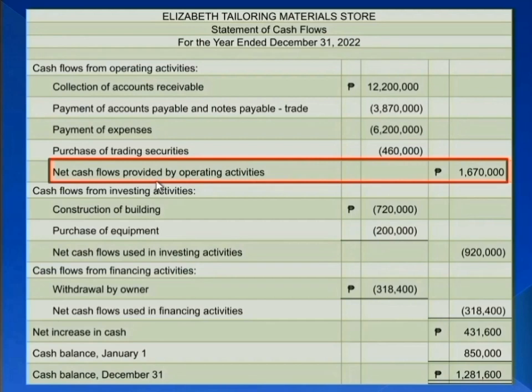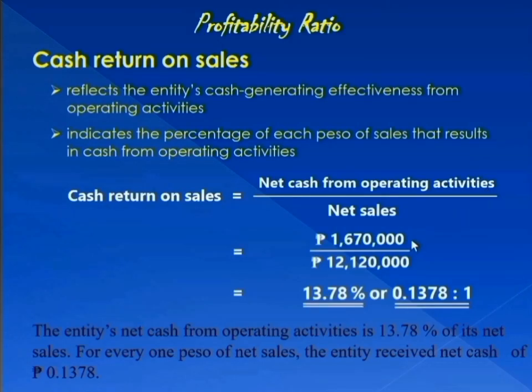If this were net cash used in operating activities instead of provided by operating activities, then this amount here must be within open and closed parentheses, which signifies negative. And hence, the numerator here must be shown as negative, and the resulting cash return on sales will be negative also.